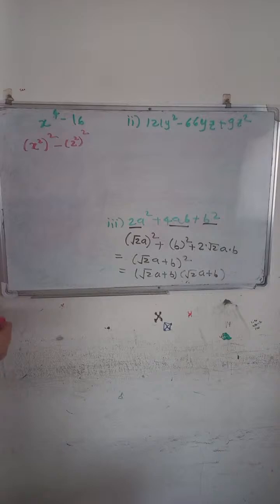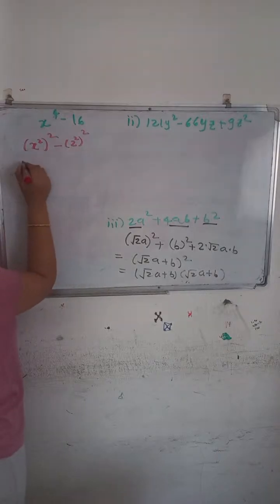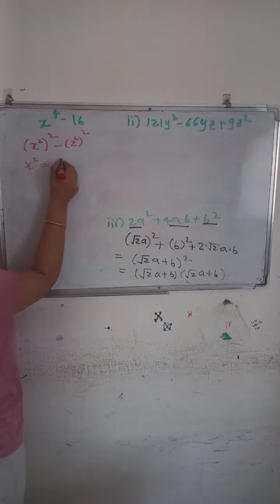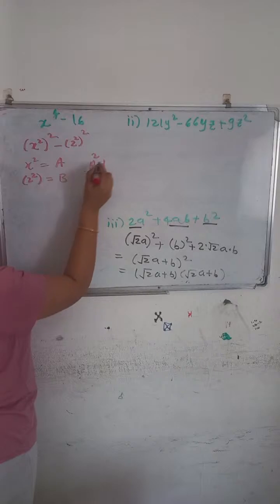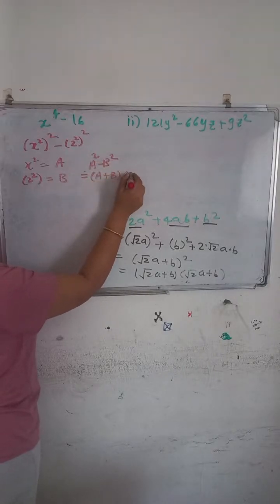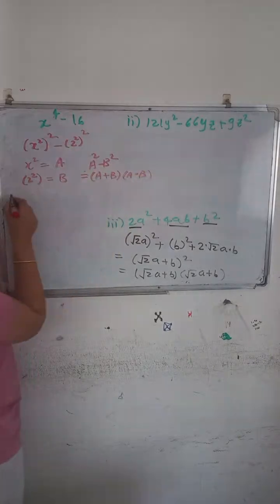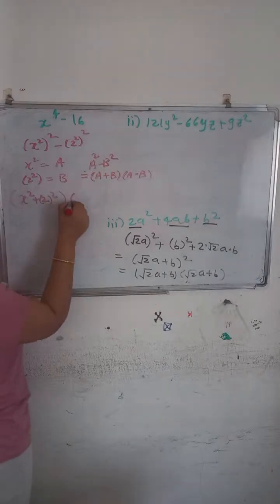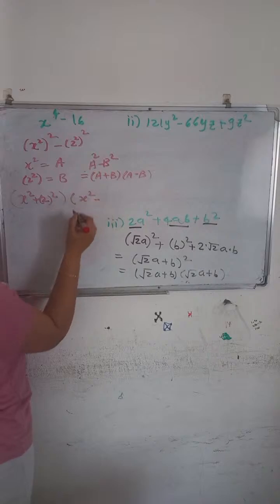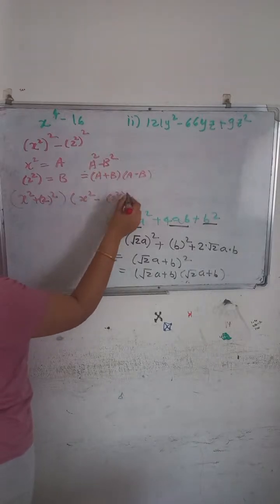Now this is nothing but what? This x square is nothing but a, and 2 raised to 2 is nothing but b. So can I write a square minus b square is nothing but a plus b and a minus b. So simplify this: a plus b is x square plus 2 square, and a minus b is x square minus 2 square.